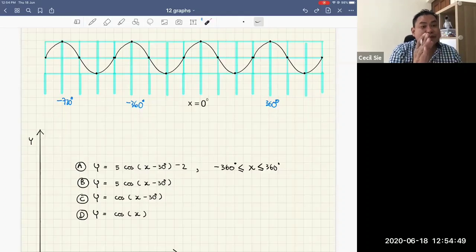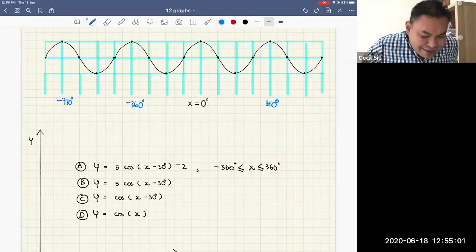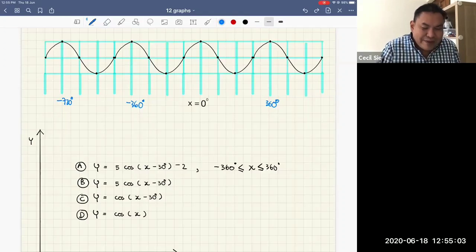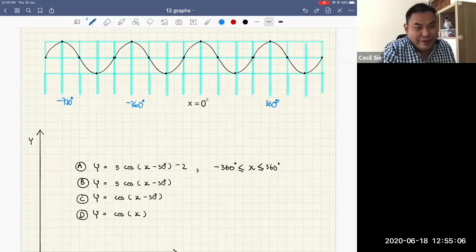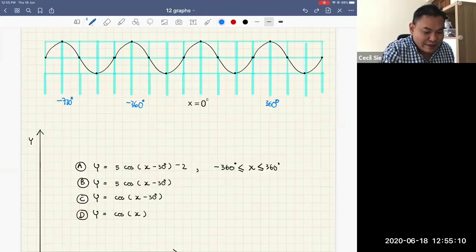You shift the graph to the left or to the right? To the right. Now this is how you do it. Instead of drawing a new graph, it is faster if you just change the label.